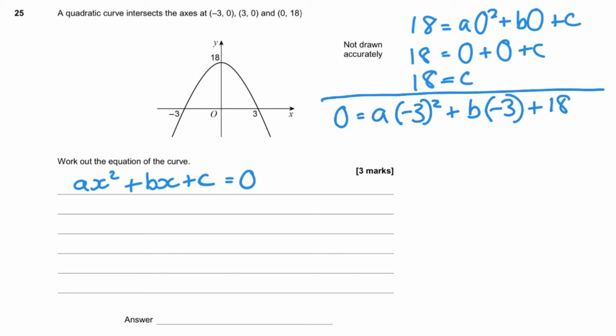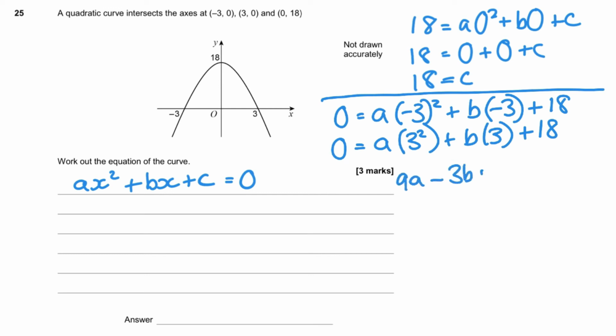We've also got when y equals 0, a times 3 squared plus b times 3 plus 18. So because they both equal 0, we can say that these two equations are equal to each other. So we've got 9a minus 3b plus 18 is equal to 9a plus 3b plus 18.